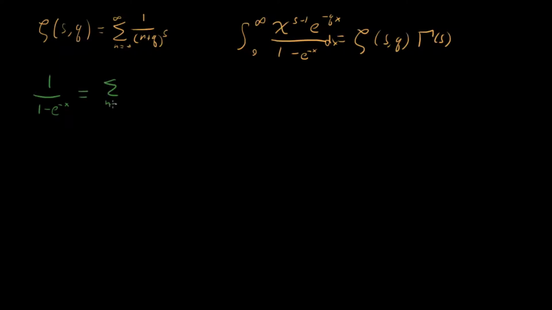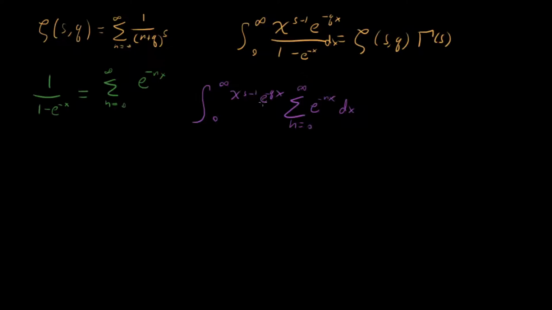And that geometric series goes from 0 to infinity, and it's e to the minus nx. All right. So that means that we can rewrite this integral using this, and we end up with the integral from 0 to infinity of x to the s minus 1 e to the minus qx times our sum from n equals 0 to infinity of e to the minus nx dx.